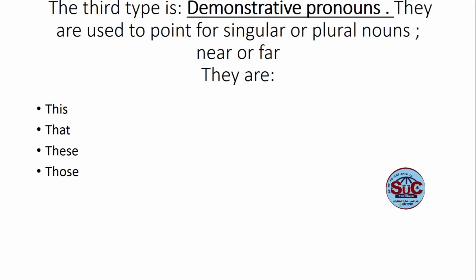That, we use it for the singular far noun. The plural of this is these. It refers to a plural near noun. The plural of that is those. It refers to the plural far nouns.